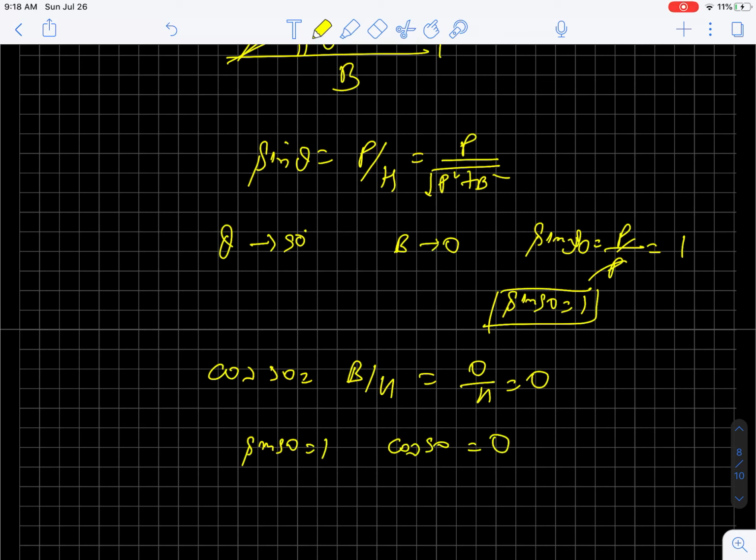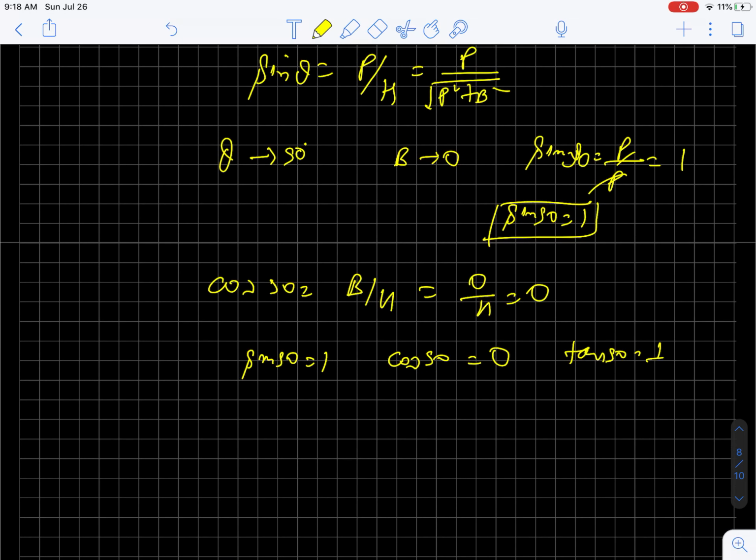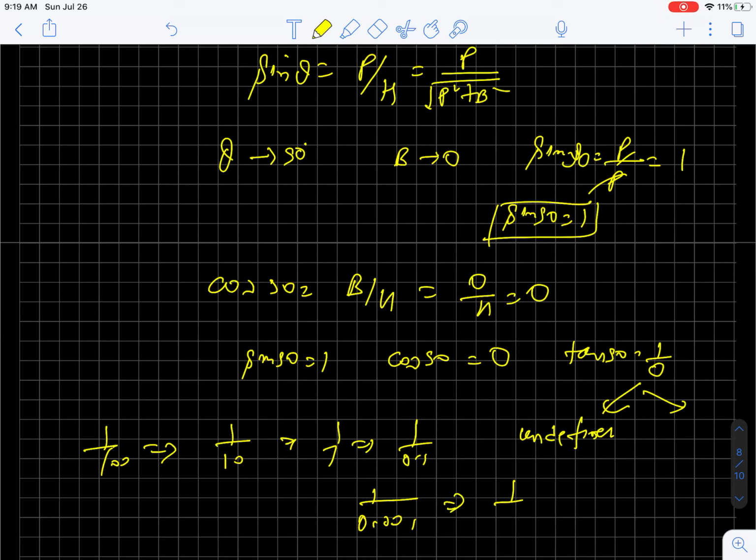Sin 90 is 1, cos 90 is 0, and tan 90 is a very different term, that is 1 divided by 0. You cannot divide something by 0, so you can say it is undefined. Or consider 1 divided by 10, 1 divided by 1, 1 divided by 0.1, 1 divided by 0.0001, 1 divided by 0.000001.